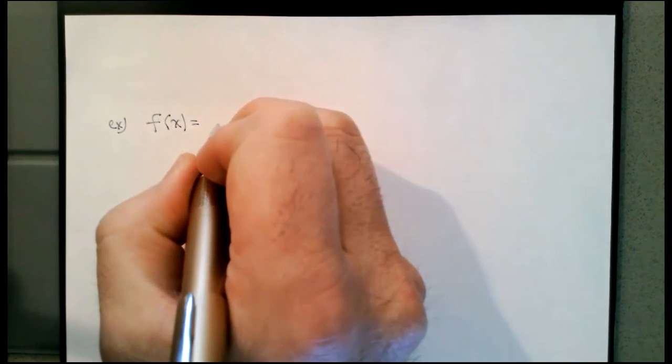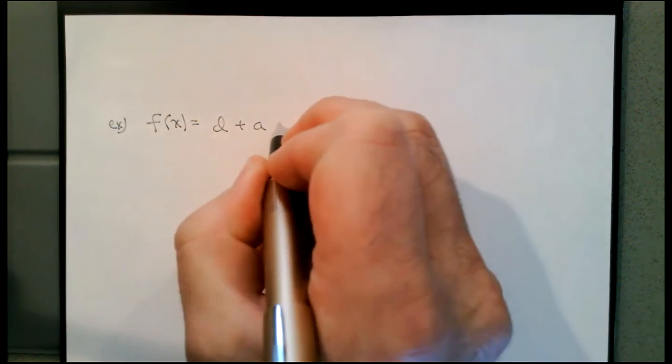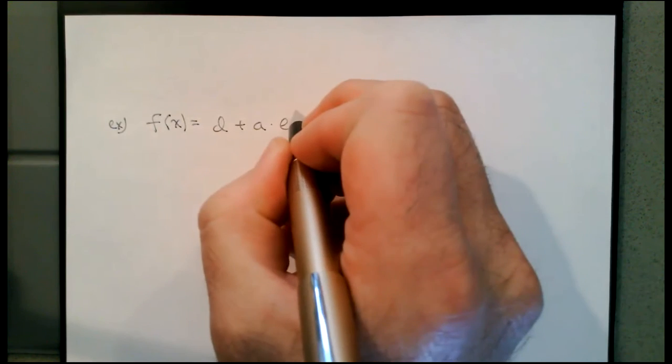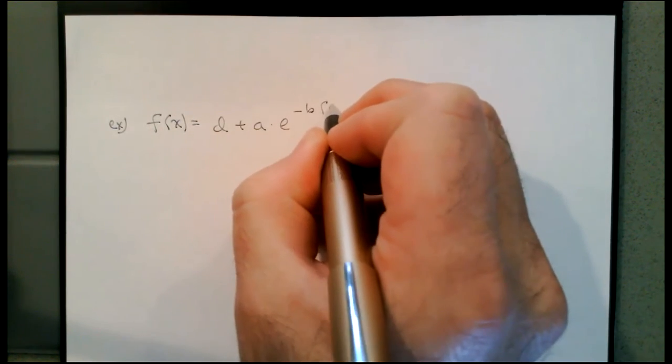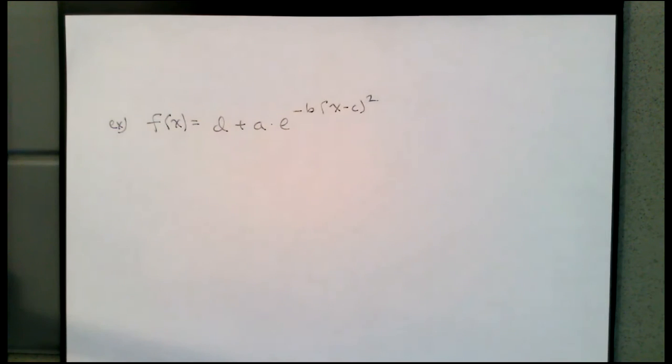I forgot what I called each piece; I went with the standard trig versions. So let's say f of x equals d plus a times e to the negative b times (x minus c) squared, where a, b, c, and d are constants.